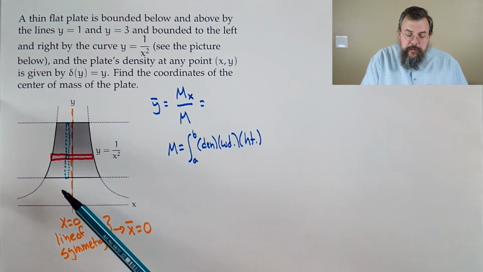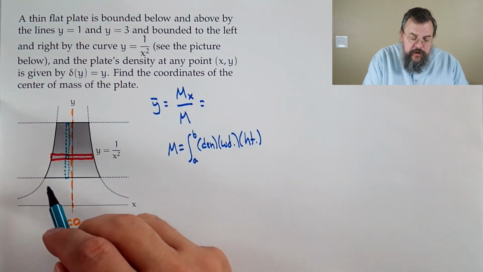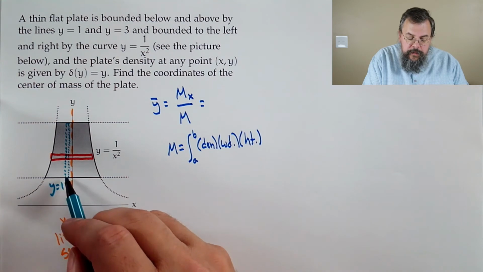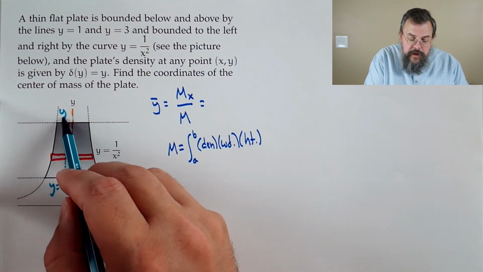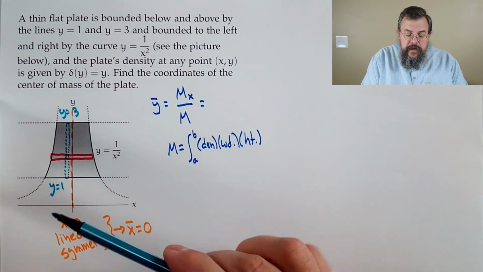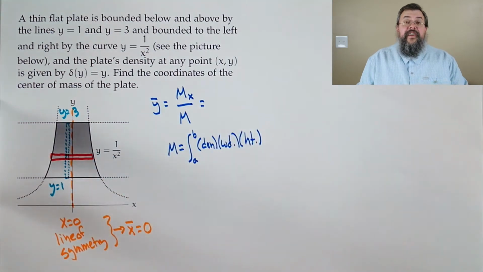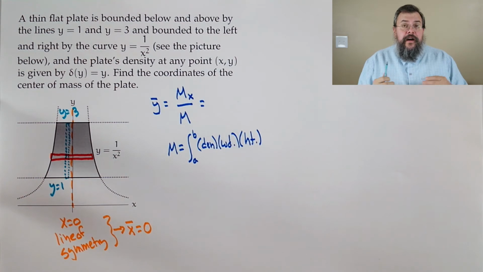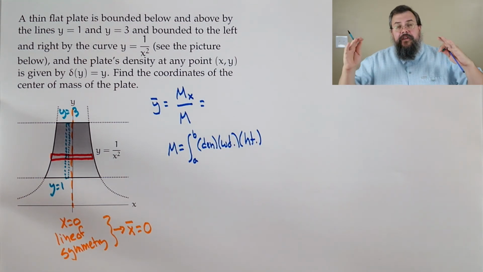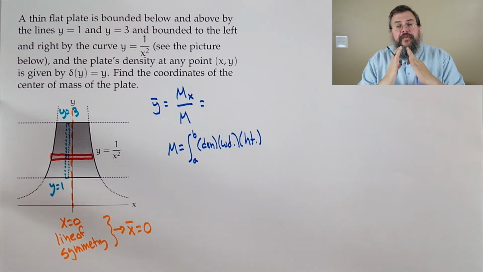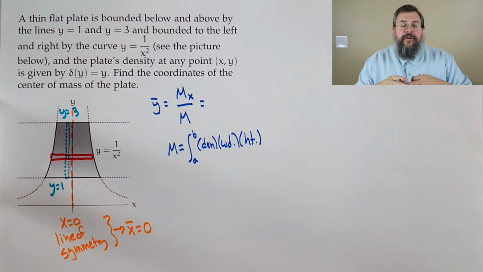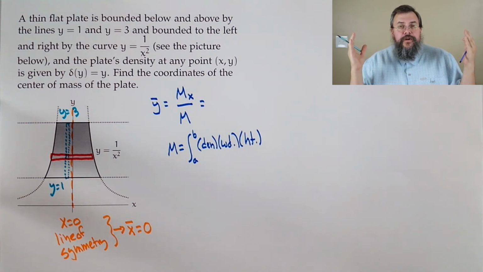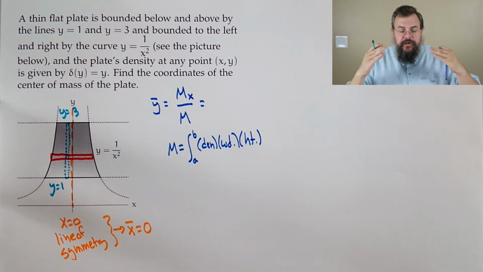Well, the density at the bottom, and recall this is y equals 1, would be 1. Density at the top would be 3. In other words, the density varies a lot. When you have something varying a lot, it can't be a part of the small piece, because the idea of integration is that in the small pieces, nothing changes very much. So that throws out our whole approach, because the density varies too much.